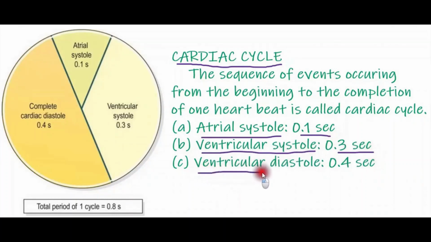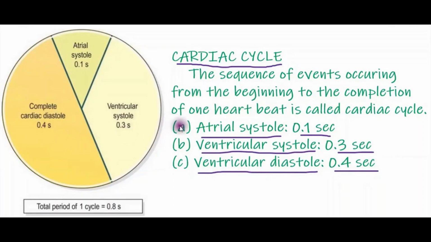The third one is ventricular diastole, which is 0.4 second duration. Anyway, 0.1 plus 0.3 plus 0.4, so totally 0.8 seconds.